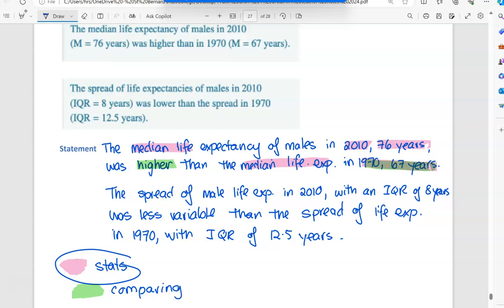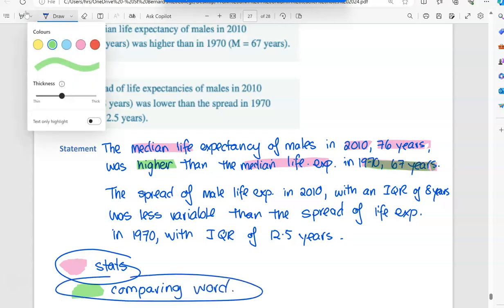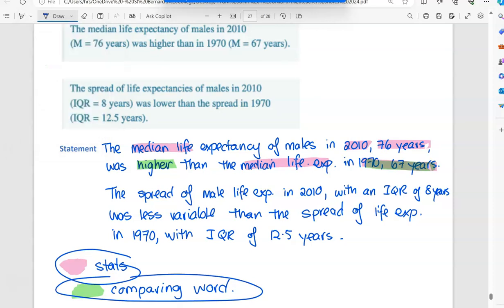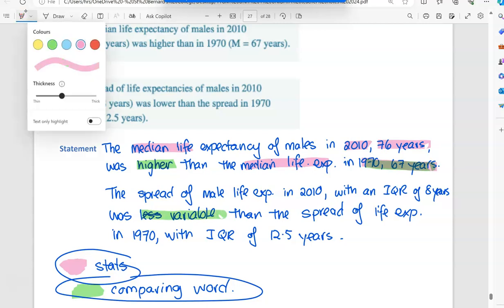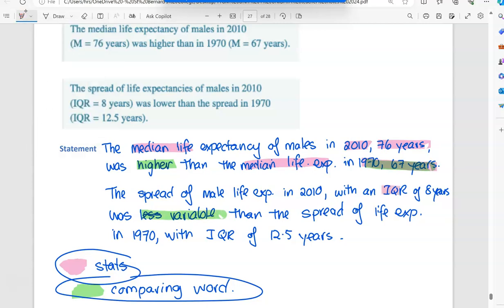So if we look at the next part of the statement, when we're comparing, the spread of male life expectancy in 2010 with an IQR of 8 years was less variable. So you can see here, less variable is the comparing word, and I've used the stat in there with the two IQRs. So that's what is important to pop in there.